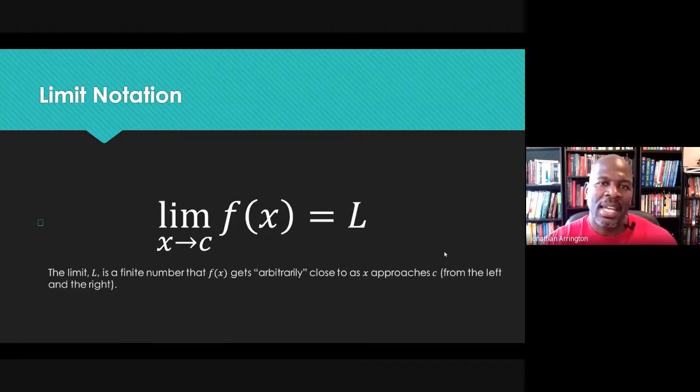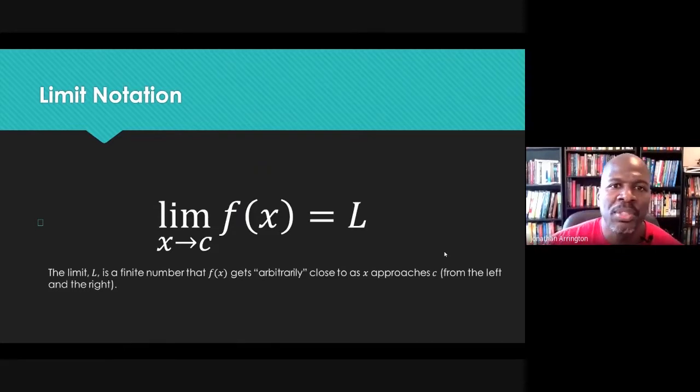So it has to approach the same finite number as x approaches c from the left and also from the right of c. It should be approaching the same exact number. If it does, that number is the limit. That's simple. Okay, let's look at some examples, shall we?